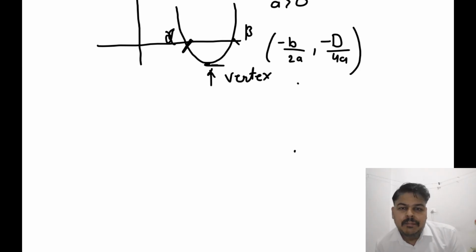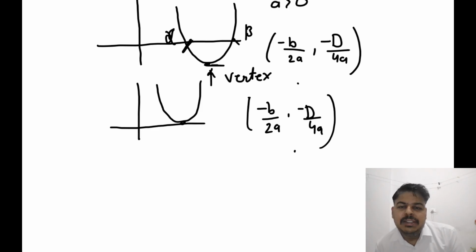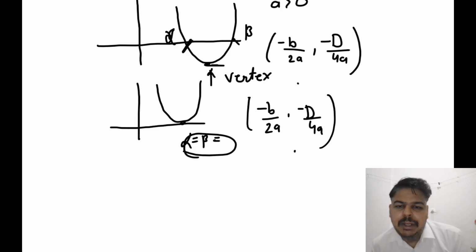Now, if it touches the x-axis at only one point, that means the roots are equal. Then the vertex is minus b upon 2a and, again, minus D upon 4a. The solutions are such that alpha equals beta. There are two solutions and these solutions are equal.